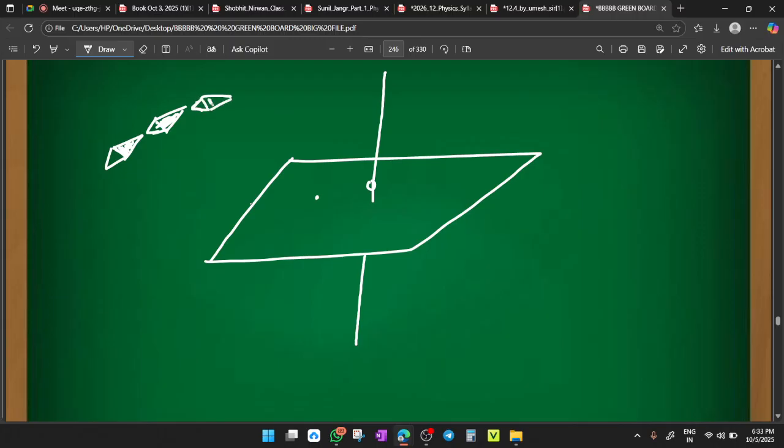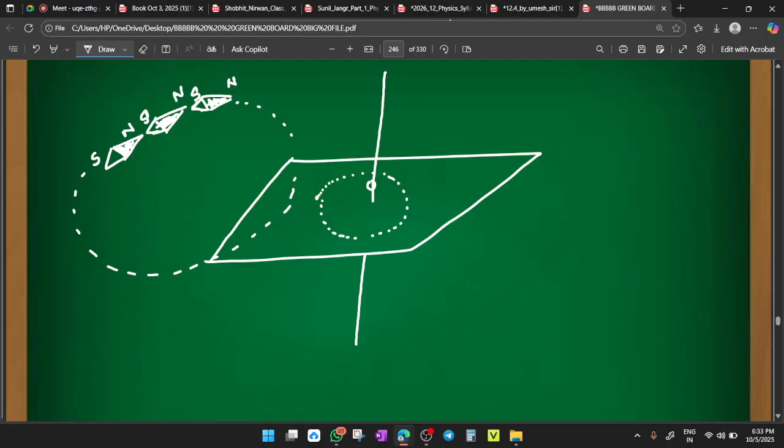North, south, north, south, north, south. So when you draw the pattern of magnetic field using a magnetic needle, always this kind of pattern can be traced using a magnetic needle.